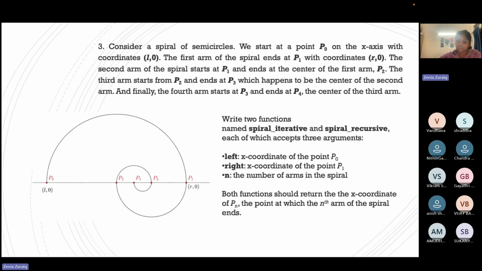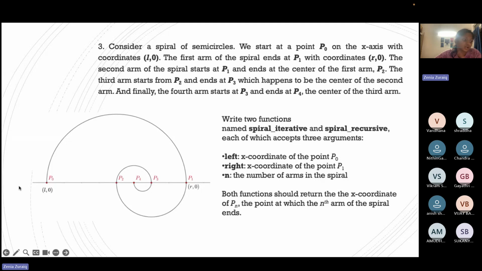Does everyone understand this question? Okay, good. So now your idea is, you have to write two functions: spiral iterative and spiral recursive, each of which accepts three arguments: left, which is the x coordinate of P0, right, which is the x coordinate of P1, so basically your starting points L and R, and N, which is the number of arms in the spiral.